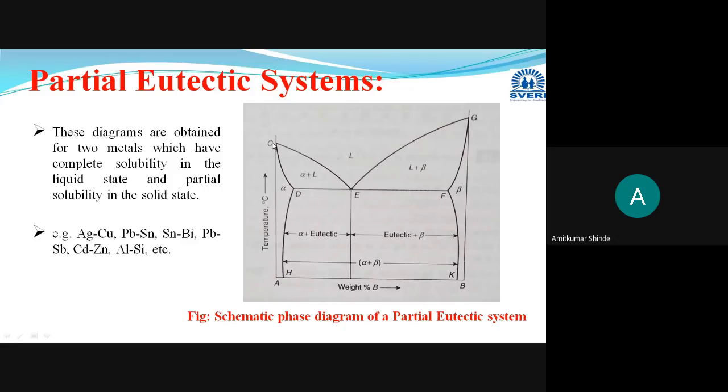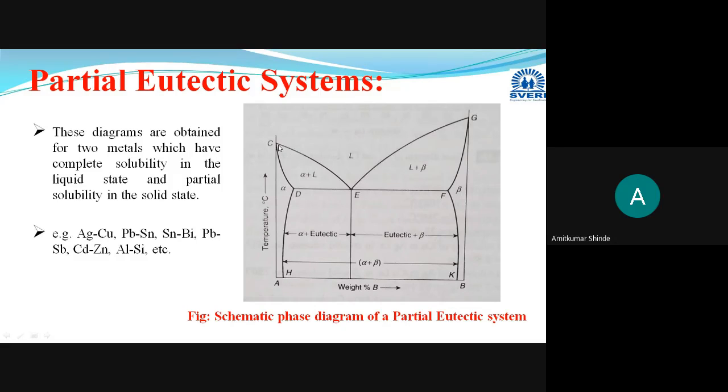Then this line C, E, G will be termed as the liquidus line. Above this line, your metals or alloy will be in the liquid state only.